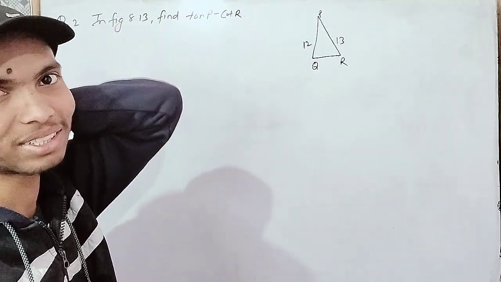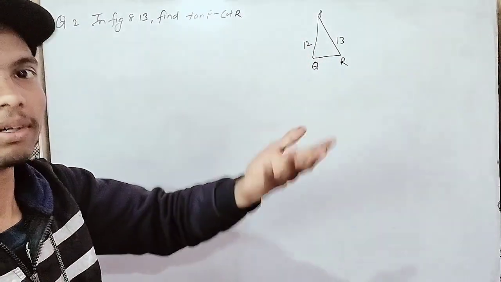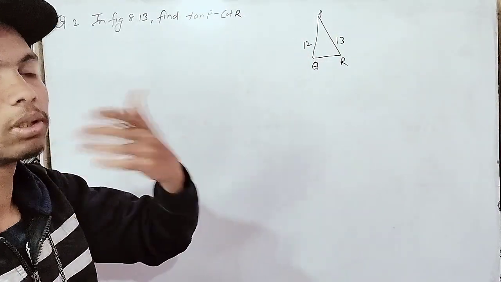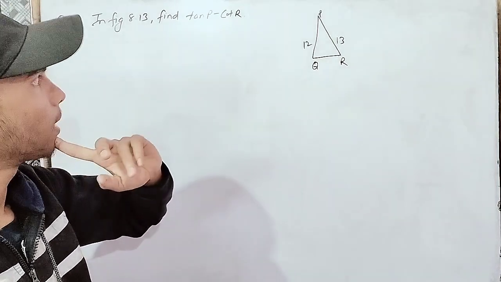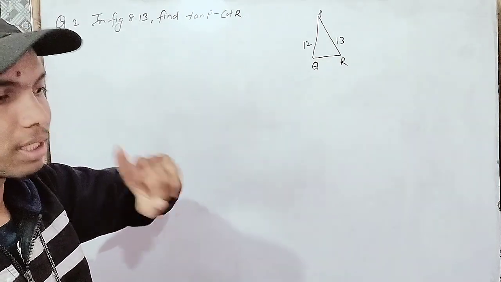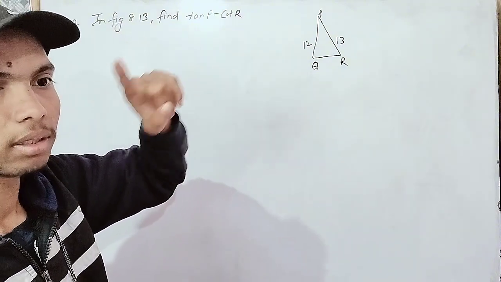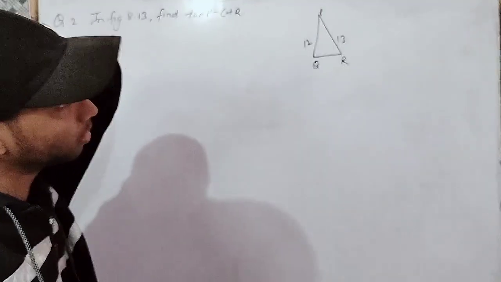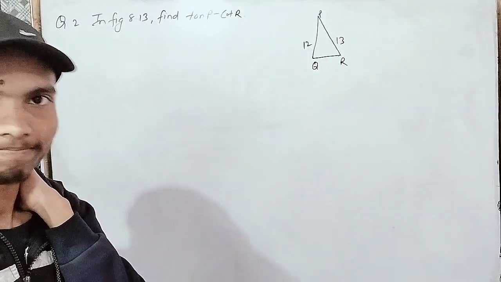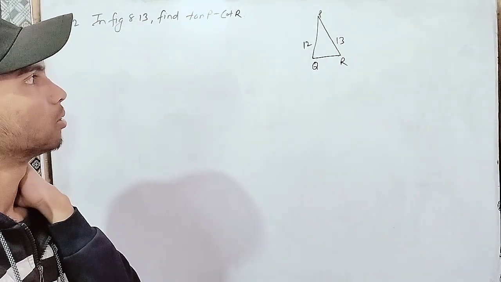That's why two values are given. Here the figure is given by the question, so we don't need to draw a figure. If a figure is not given by the question, then we have to draw a figure to clarify.